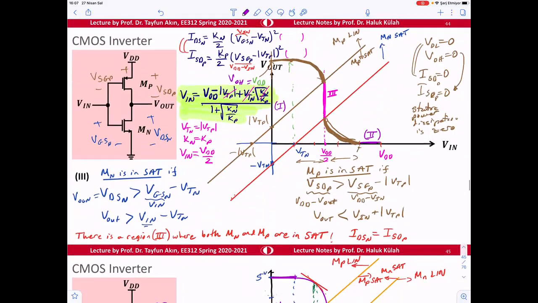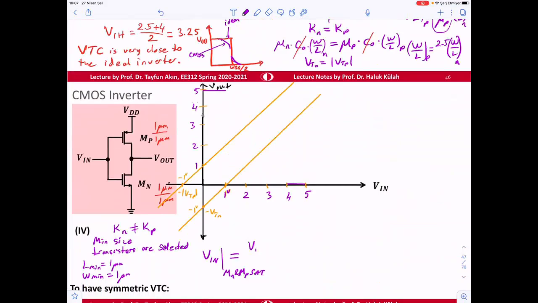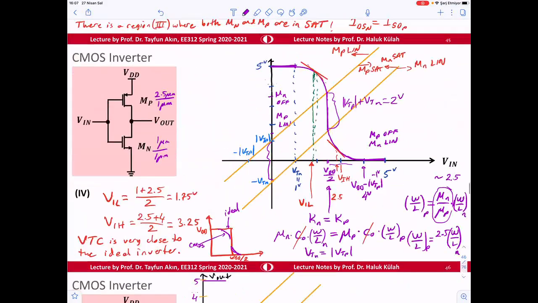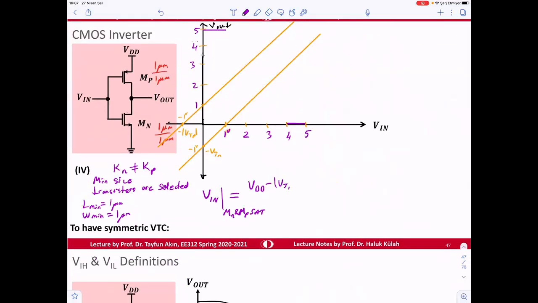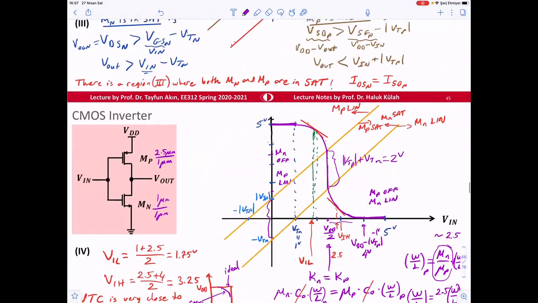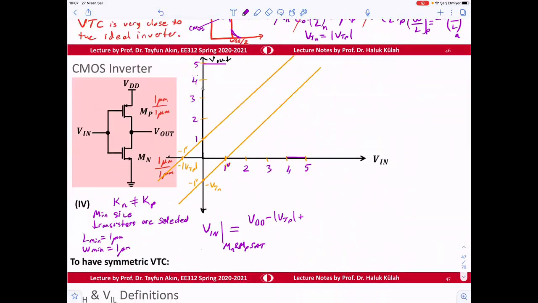Yeah, here is the equation: VDD minus the absolute value of VTP, plus VTN times square root of Kn divided by Kp, divided by 1 plus square root of Kn divided by Kp.